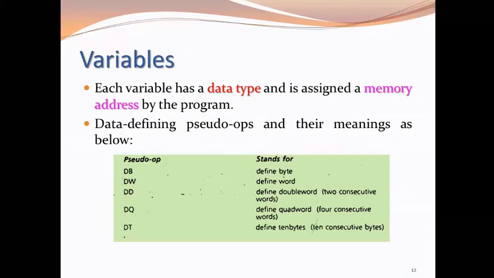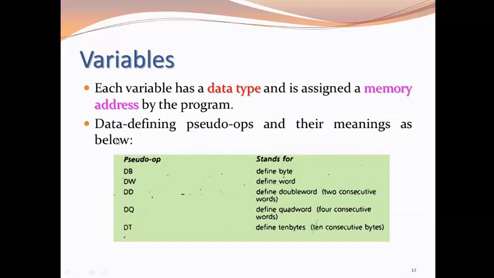Am I right or wrong? Yes, sir. So similarly, if we are working with a variable in assembly programming language, definitely you have to consider the type of that variable. Ultimately you are assigned a memory address by the program, so you are going to assign some memory from the main memory.